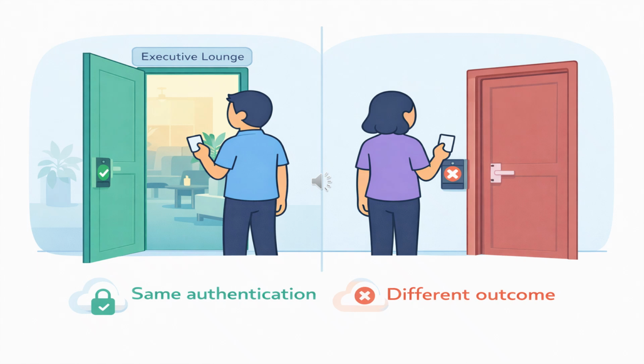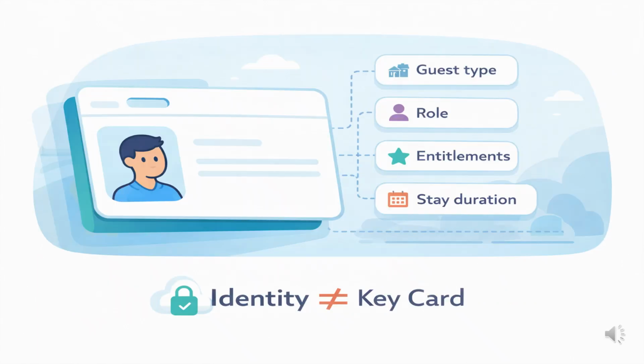So this feels like, let me add context to what you already saw. The problem was not the key card. The problem was what the hotel believed that card meant. So it is all about what details have been provided. At the time of booking, one would have chosen executive stay, one would have chosen standard stay.